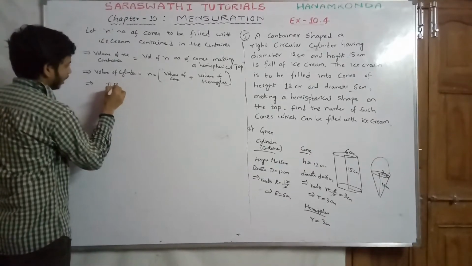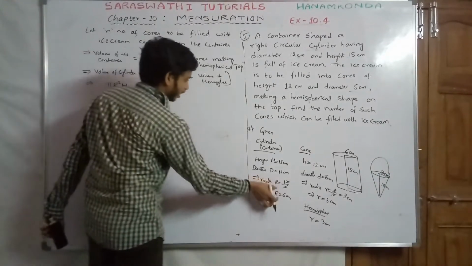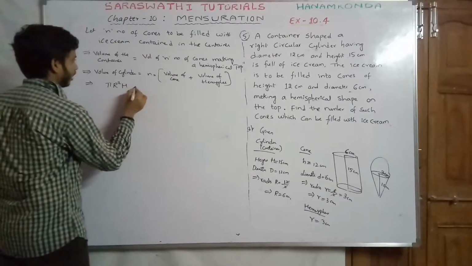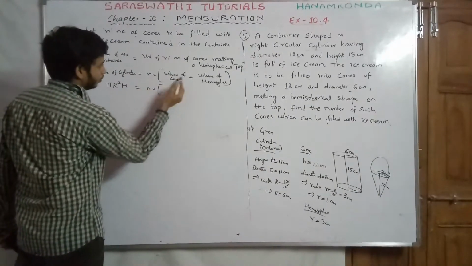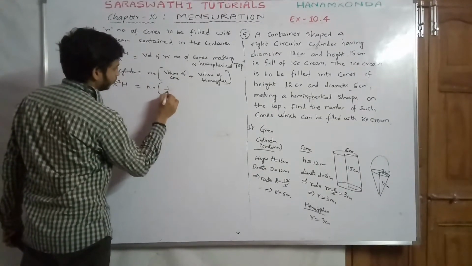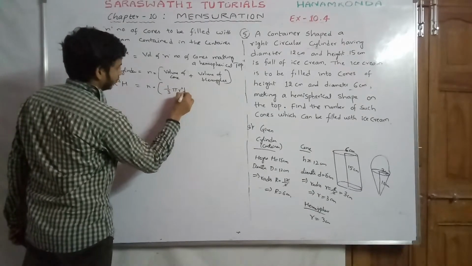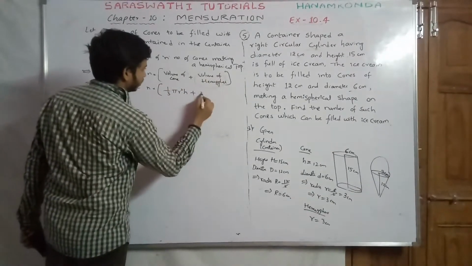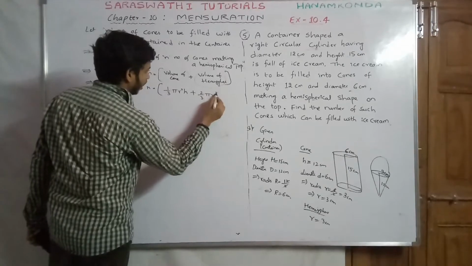So pi capital R square capital H, since here we have taken capital R and capital H for the cylinder. Then n into the volume of cone; the formula for the volume of a cone is 1 by 3 pi r square h. Next, the volume of a hemisphere is 2 by 3 pi r cube.